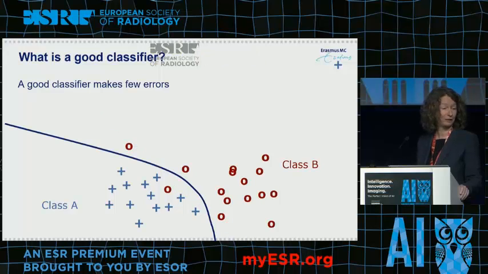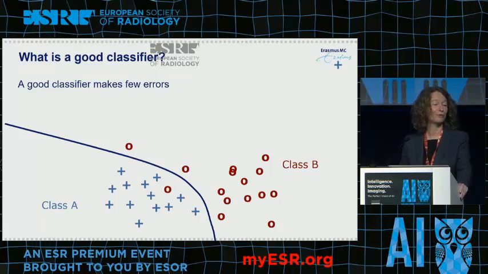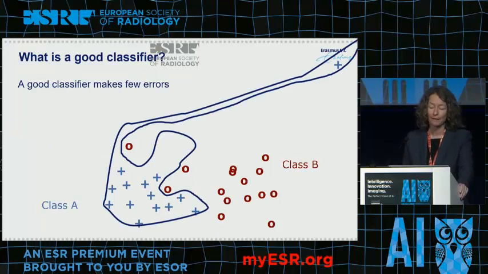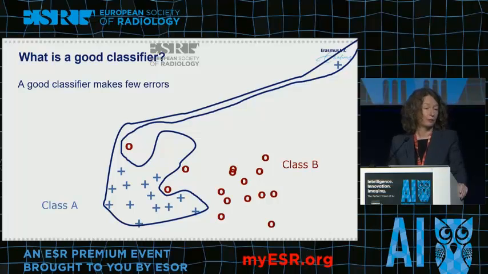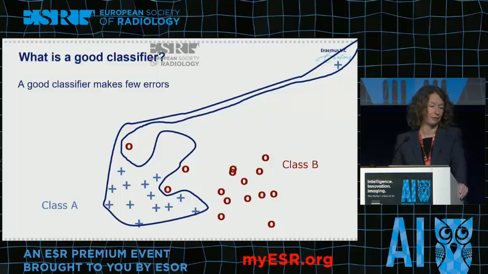And this would give you even fewer errors on the training data. So what is the right classifier to choose? Well, it's quite difficult to say something really general about that. But what is important and what should always be tested is that the classifier should make few errors, but on independent test data. And we're not really interested in how it performs on our training data.